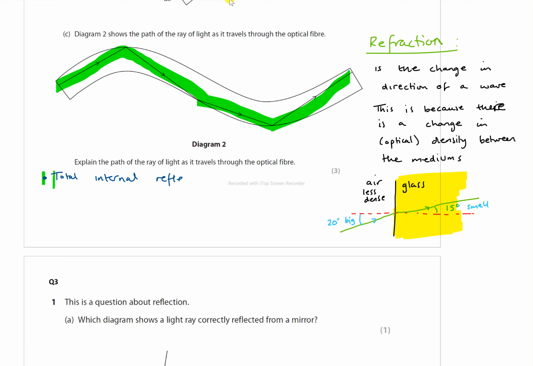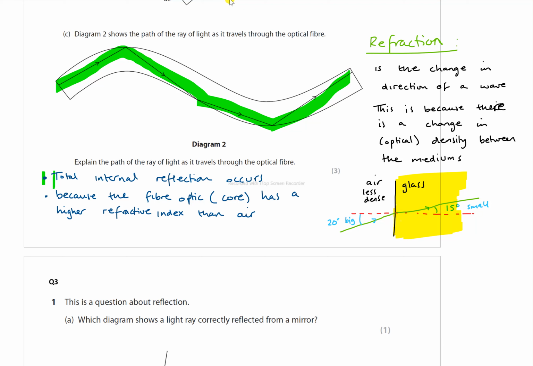Total internal reflection occurs because the core has a higher refractive index than air.